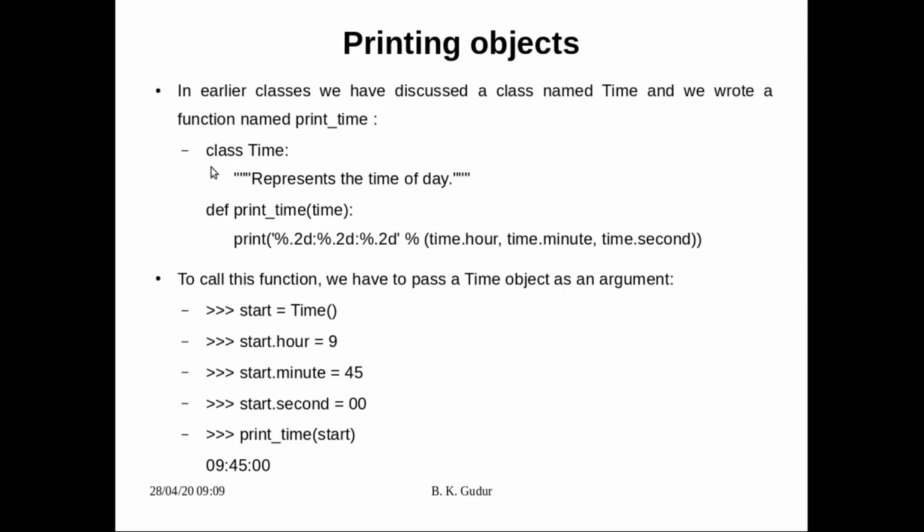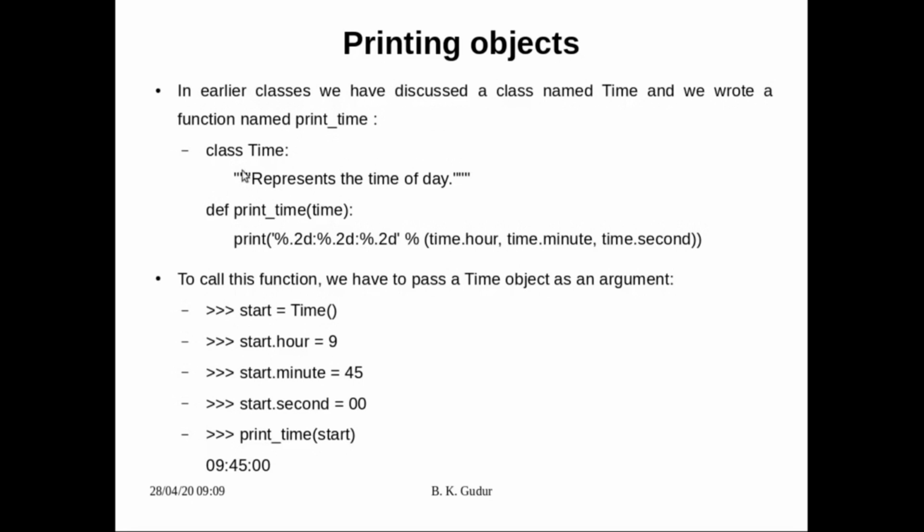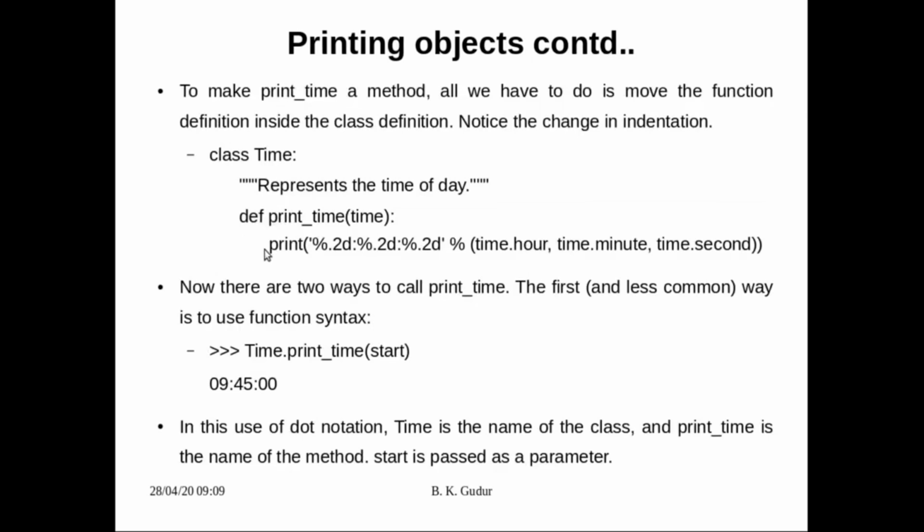Here these are at the same indentation, whereas here you can see its indentation is inside, meaning this particular function is a part of this class. Here both are at the same indentation, meaning this is independent and this is independent, whereas in this case this function is a part of the Time class.